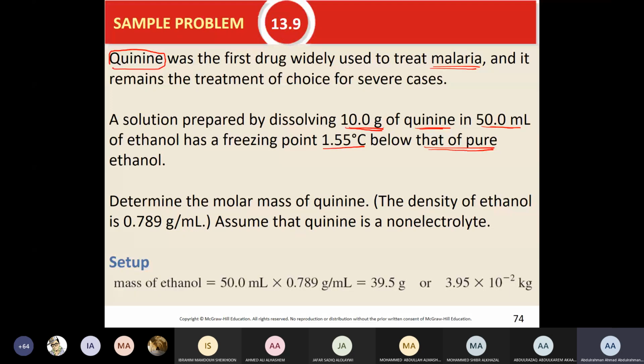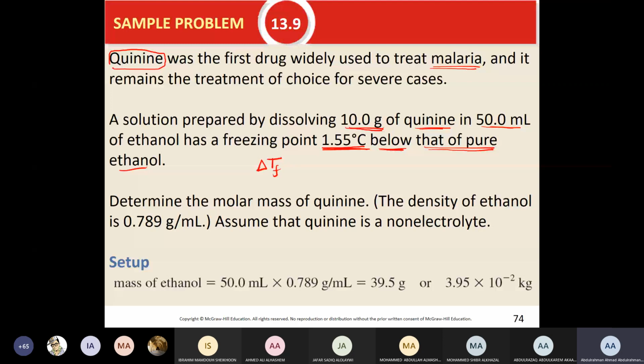So what's given to you here? What's this 1.55? Freezing point. It is below, this means below the pure ethanol. Then this is actually delta T already given to you.